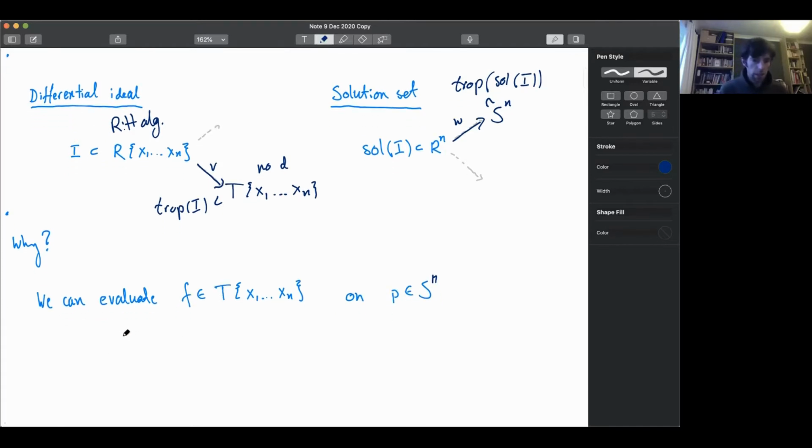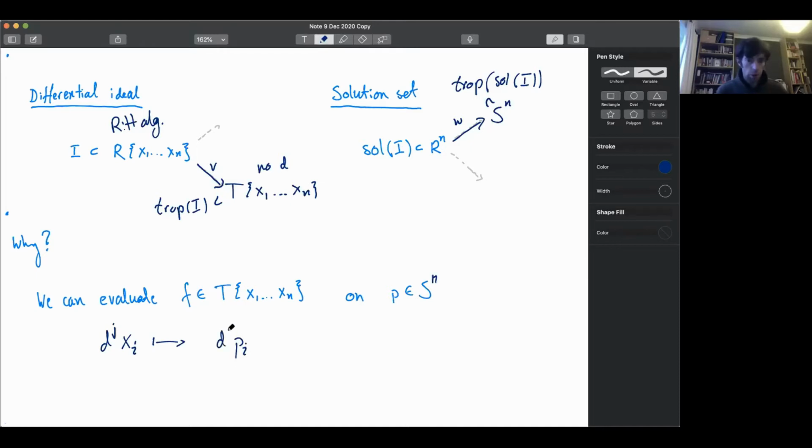So the basic idea is, if I have x, my ith variable, and I have the jth derivative of it, I'm going to evaluate this on P by taking the ith component of P, which is a formal Boolean power series.